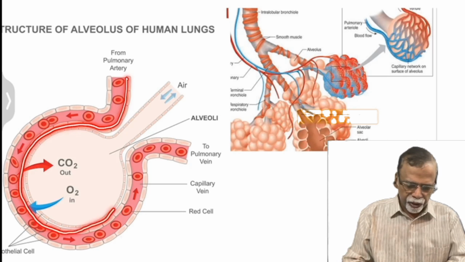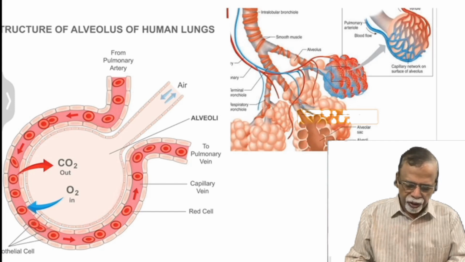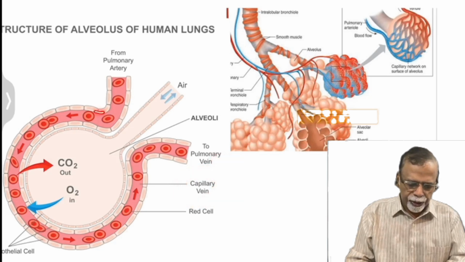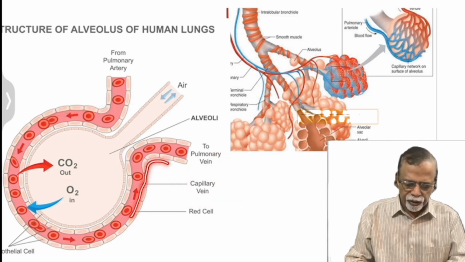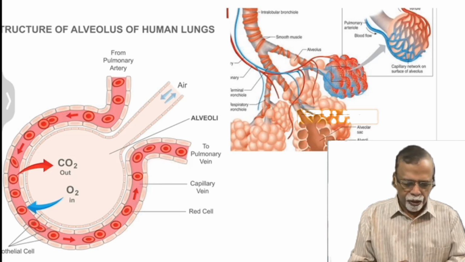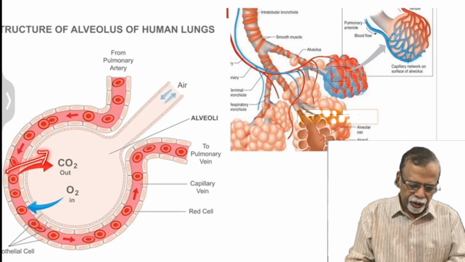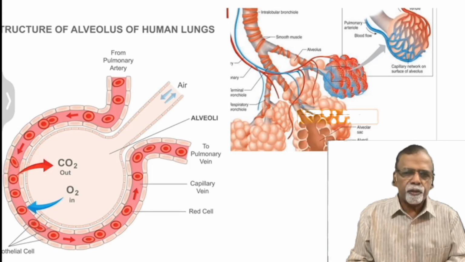It is finally drained by the pulmonary capillary vein, which goes to the pulmonary vein. So this is the arterial end, this is the venous end. And in the region between them, diffusion of carbon dioxide and oxygen occurs.